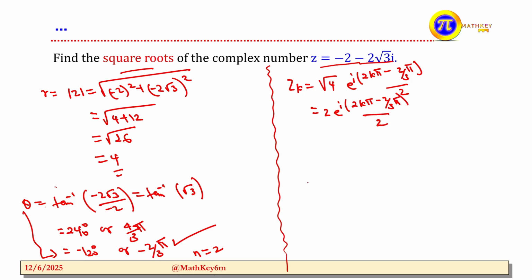We apply this, and k can be 0 and 1 since it is a square root.